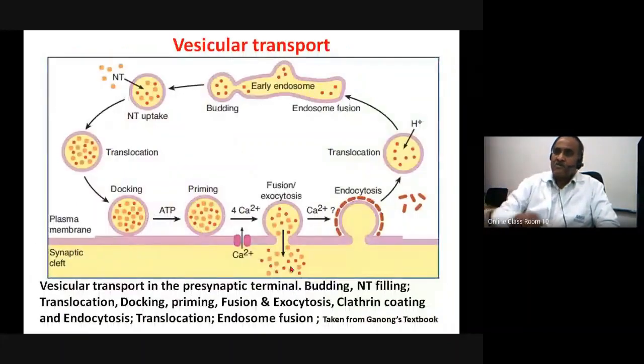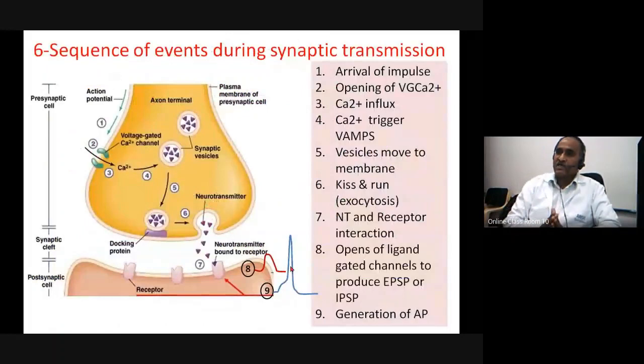In this lecture, we will see how the vesicles move, because if you look back here, the arrival of calcium triggers certain things in the vesicle, and this vesicle reaches this site here. This is an active site or active region.